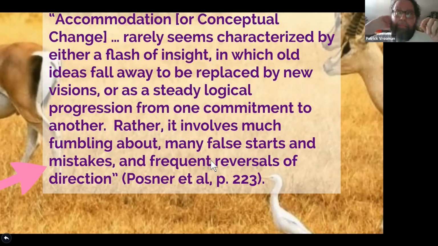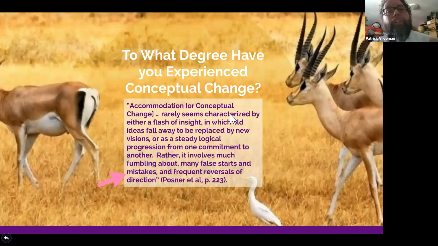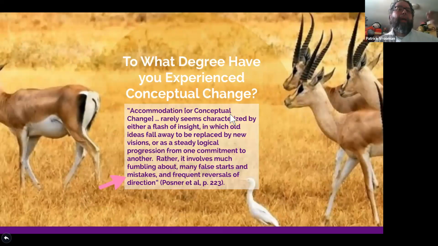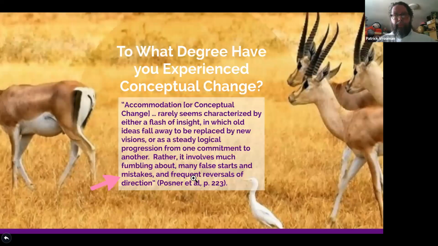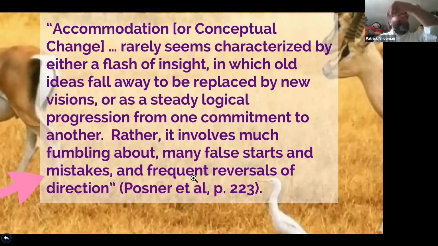And this, in my opinion, is what we're asking you to describe in your paper. To what degree have you had and experienced conceptual change? Well, tell us about the fumblings about. Tell us about the false starts. Tell us about the mistakes, and tell us about the frequent reversals of directions. That would be an interesting paper to write and to read.